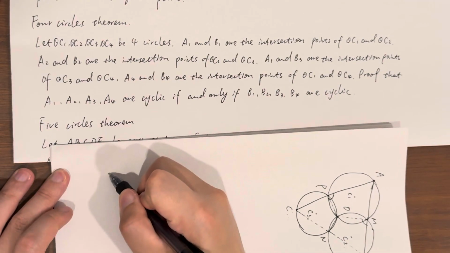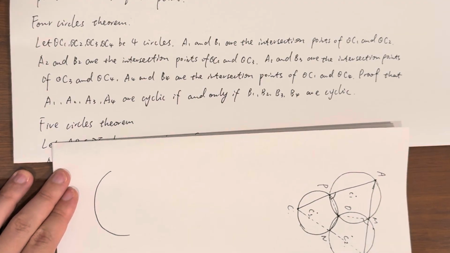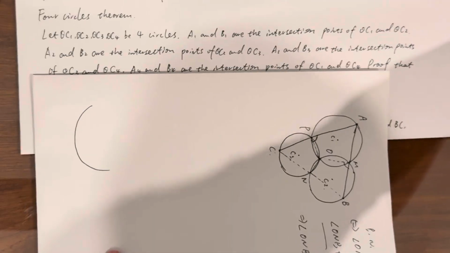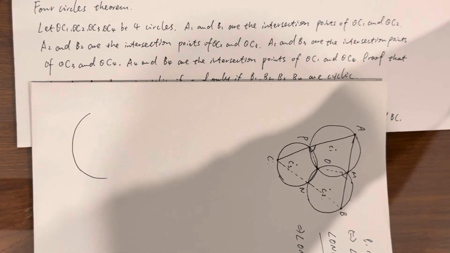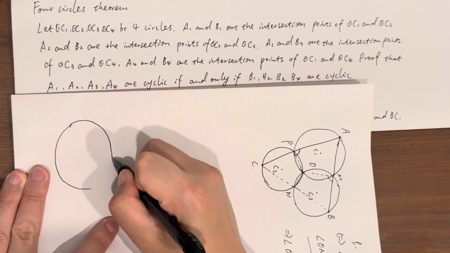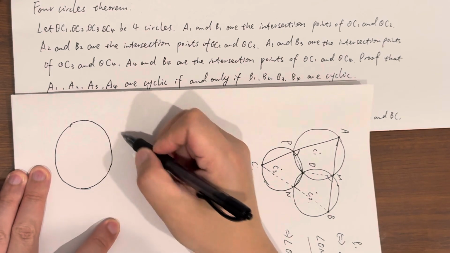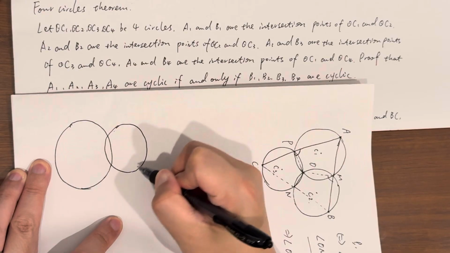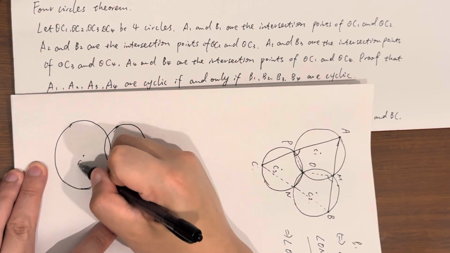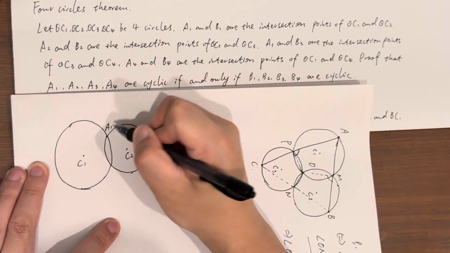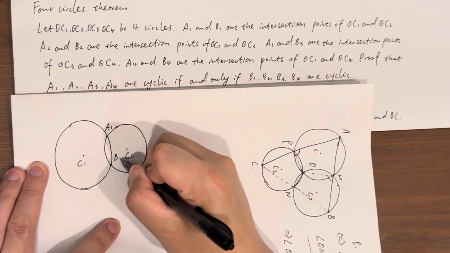So let's just draw it here. I hope you can see my drawing. We want to prove this with four circles. This one is here, this one is here. We call this one C1, this one C2. Here is A1. Here is B1.